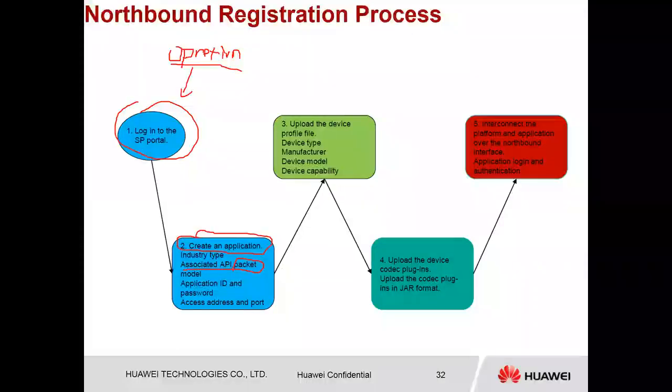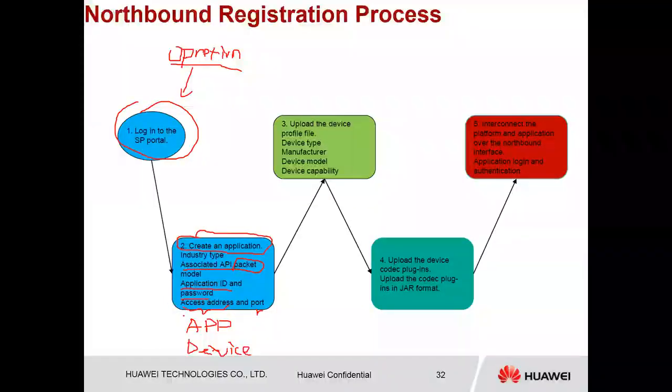After we create the application, it will generate the application ID, the password, and the access address and port. This includes access for two types: first, the application access address and port; another, the device access address and port.